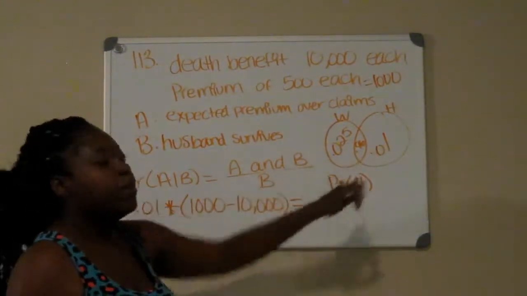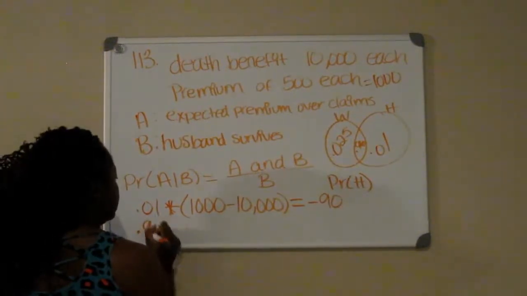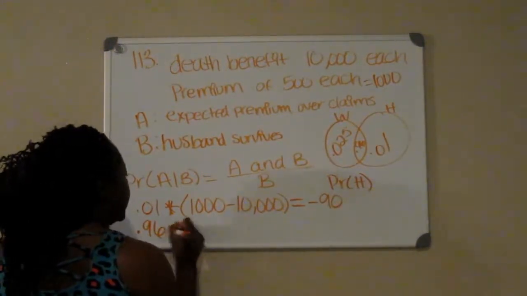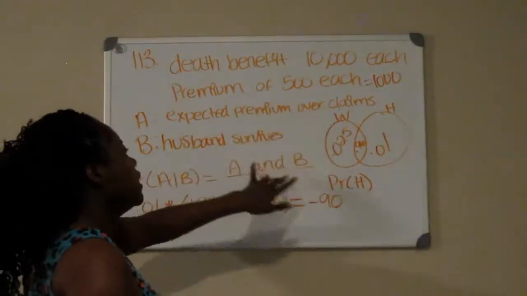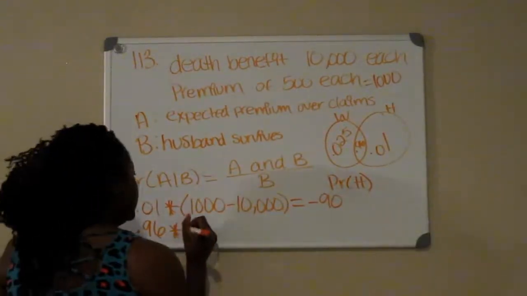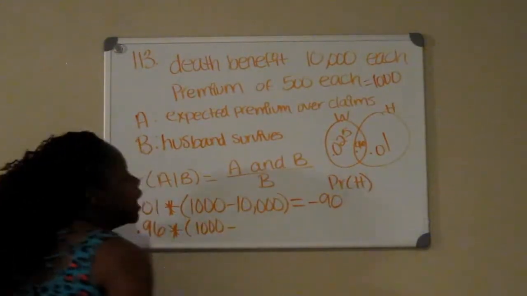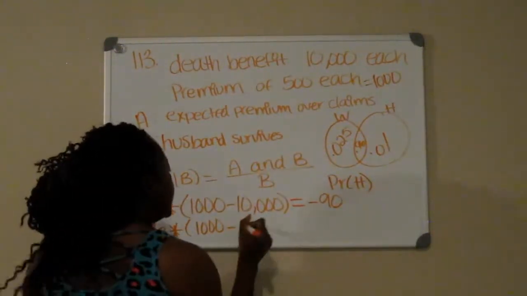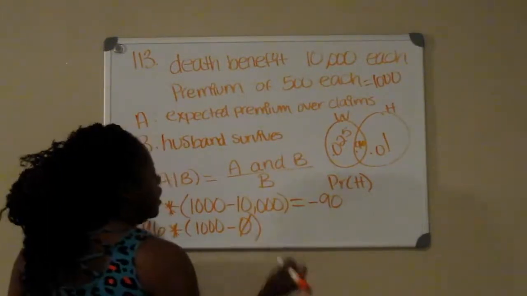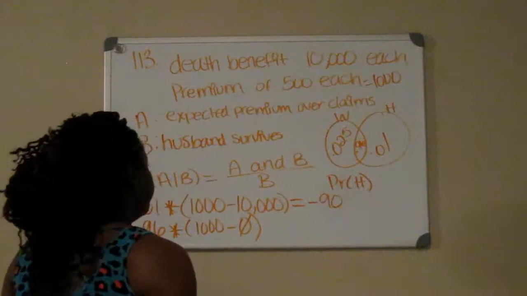Now, let's say they both survive. And this is all to find our expected premium over claims. There are 2 scenarios for this. So 0.96 times $1,000. You're both alive, good for you guys. Enjoy getting no money, but you have each other and love is all that matters, right?